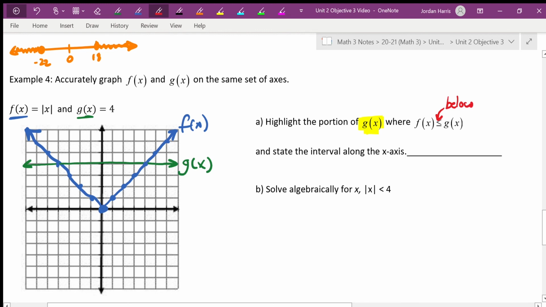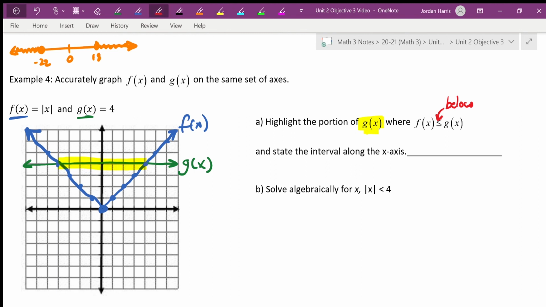Y values less than is down. So where is f of x below g of x? So all of these spots, notice if this is my g of x line, the V is below it. If I go past it, all of these spots out here, the V is above it. So I'm highlighting right there.